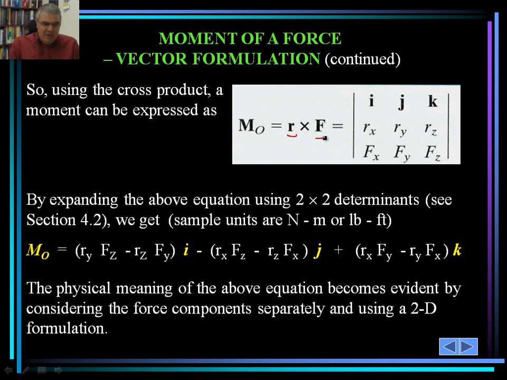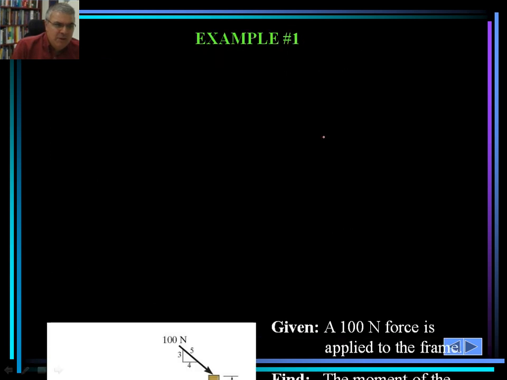Now the physical meaning of this equation is evident by considering the force components separately and using a 2D formulation. In 3D, it's not as easy, but if we do that in 2D, then we are simply using the cross product and the angle that's involved, and in that case, it is much easier to see what it really means.